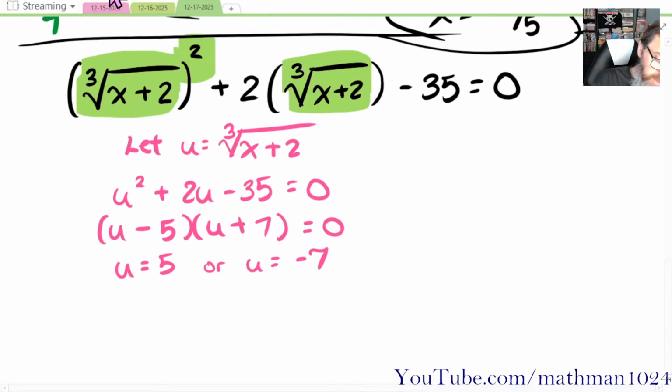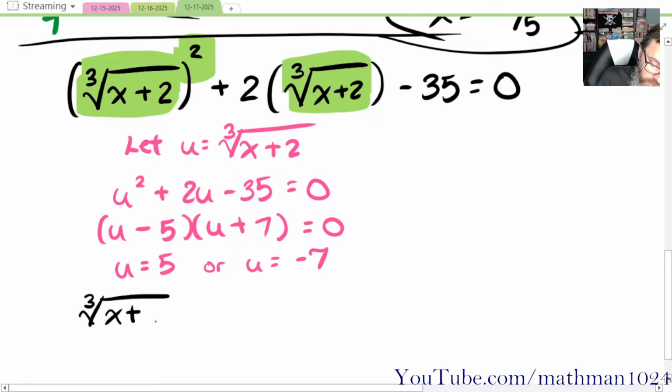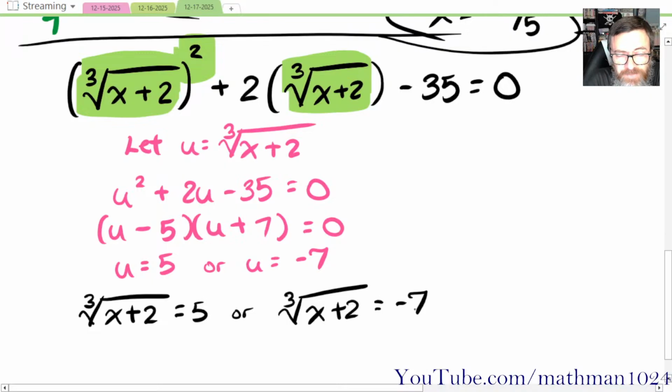Now, in this case, when we make the substitution, it goes back to the cube root. So the cube root of x plus 2 equals 5, or the cube root of x plus 2 equals negative 7. So the same concept as what I had above. It's just a different expression that I'm substituting with the u.